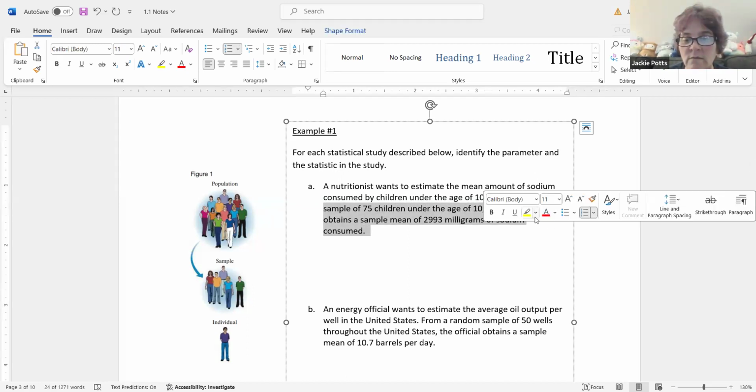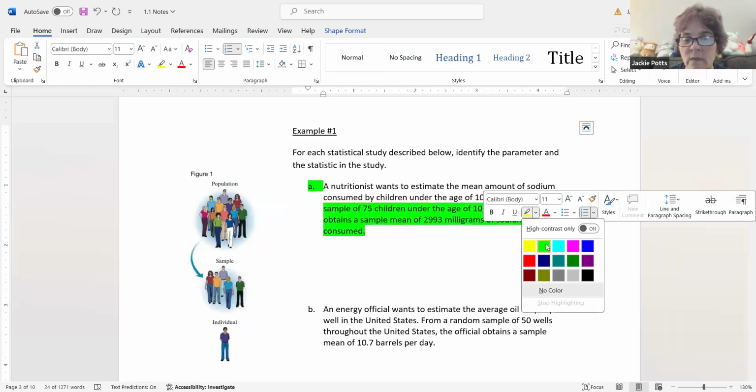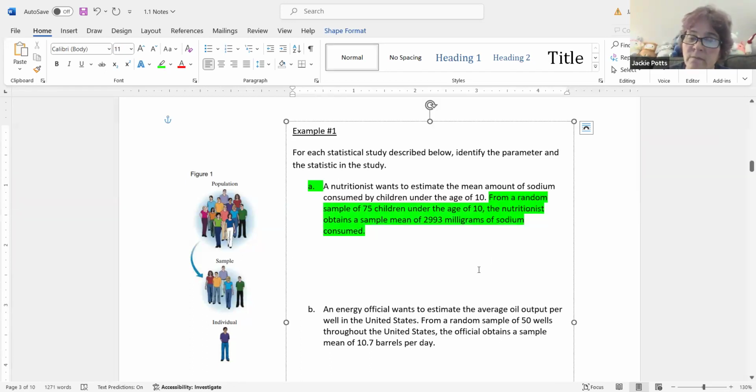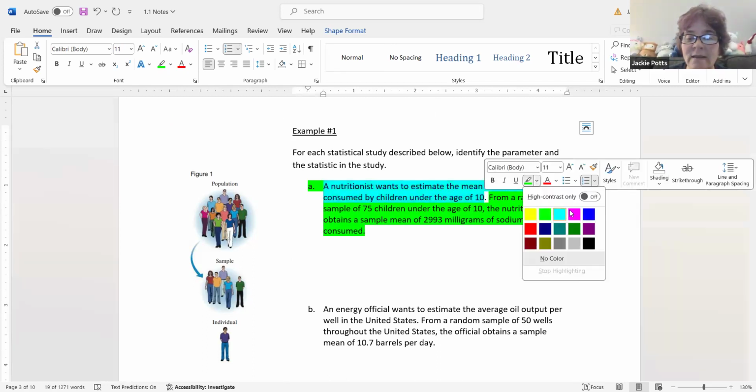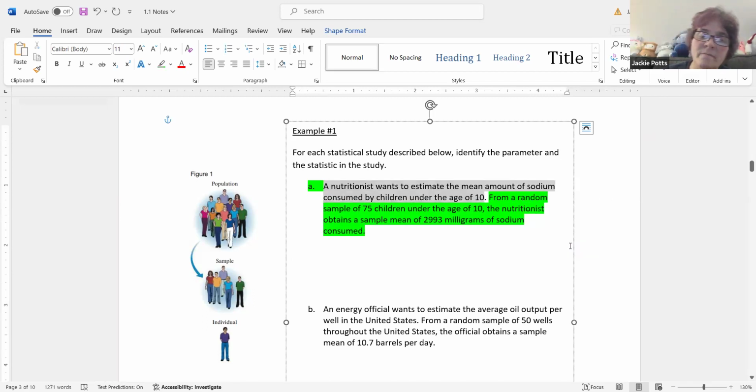Right there is the statistic. So guess what? This first part is the population or parameter. It's all the children under the age of 10 and the amount of sodium. Okay.